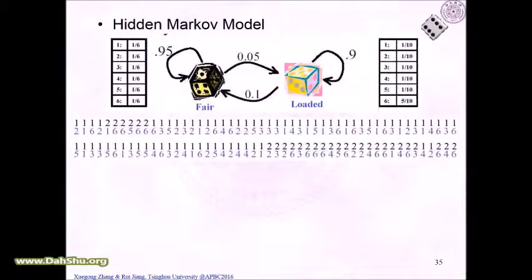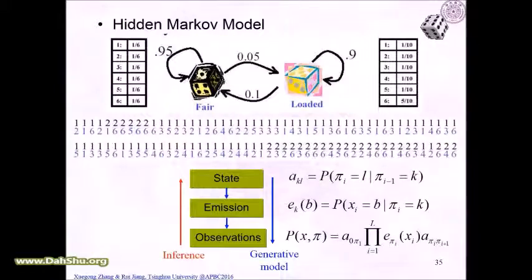Suppose they have 2 dice, and we can have this hidden Markov model of what is the probability of a die being used. And once we have a die and we have the emission probability, we get the observations. This is the generative probability model, and we want to do inference from data. We want to estimate which die is used, and we use probability to describe this generative model.